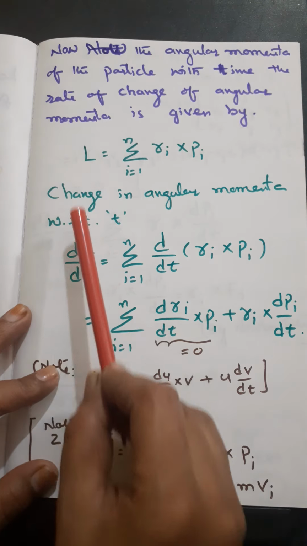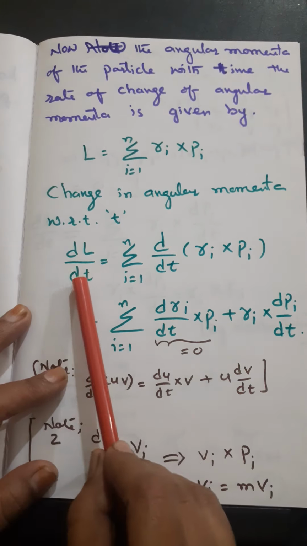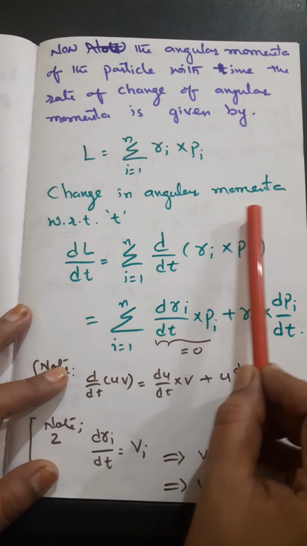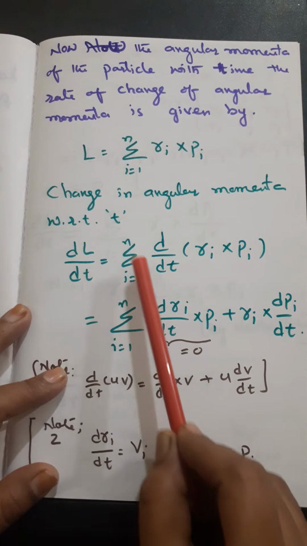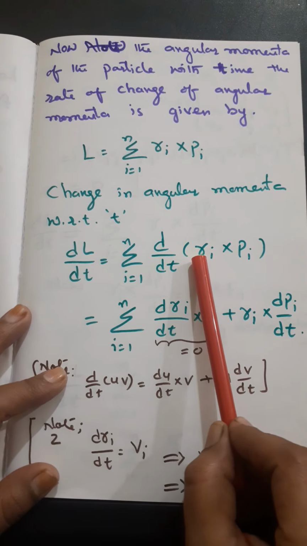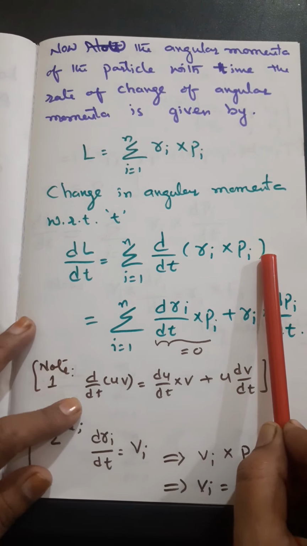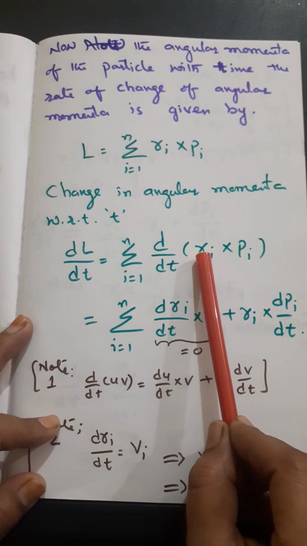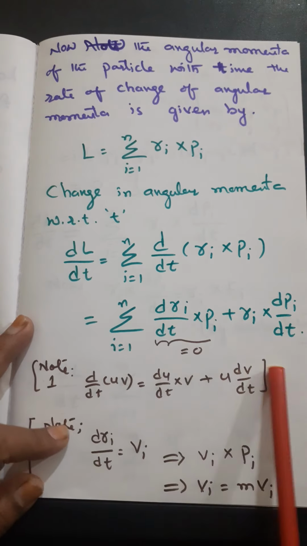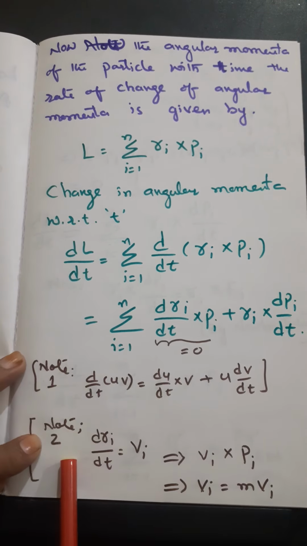that change is represented by dL by dt, the change in angular momentum with respect to time, where i is equal to 1 to n and d by dt of r_i cross p_i we can write. Now here we are using d by dt of r_i cross p_i. I have given two notes here.